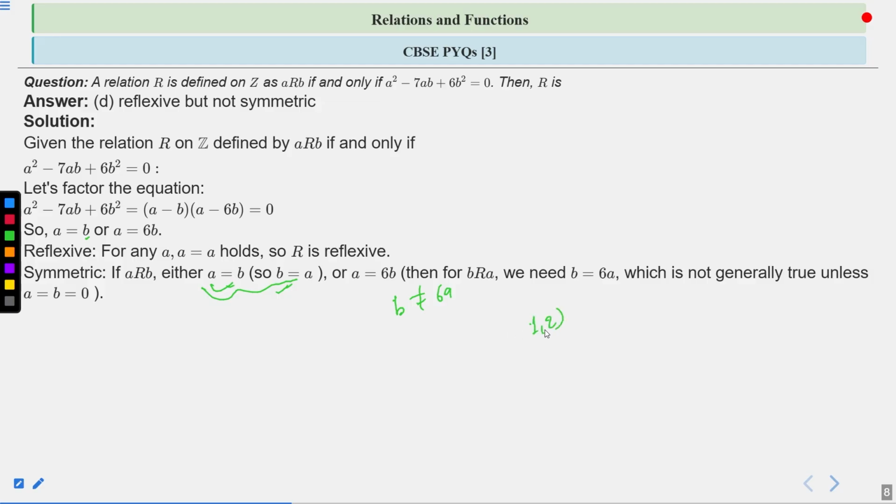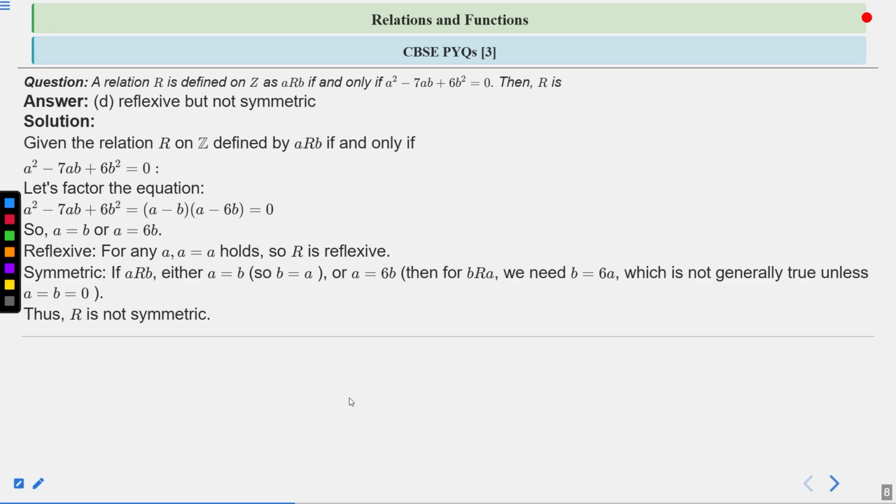Suppose (1, 2) is lying, then (2, 1) must lie. But here A equal to 6B is happening, but B equal to 6A is not happening. So it is not symmetric. Thus R is not symmetric. So option D is correct: the relation R we have defined is reflexive but not symmetric, right? Clear?